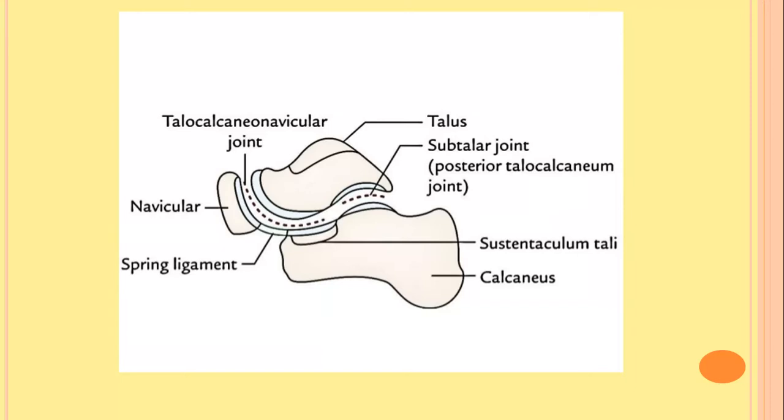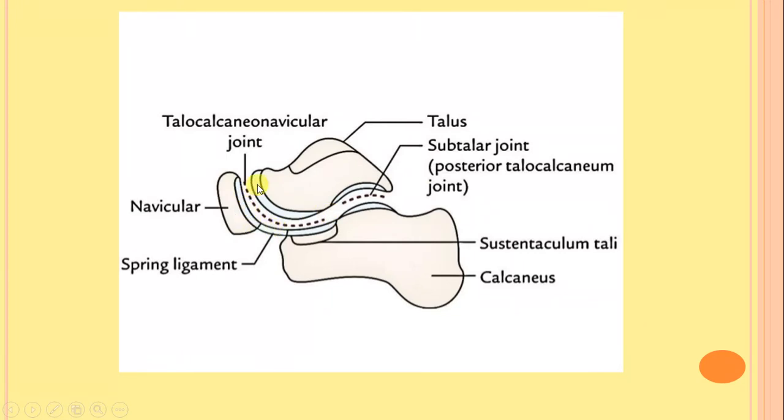So here we can see the joint between the talus and the calcaneum. Here is the posterior talocalcaneal joint, which is mainly named the subtalar joint.